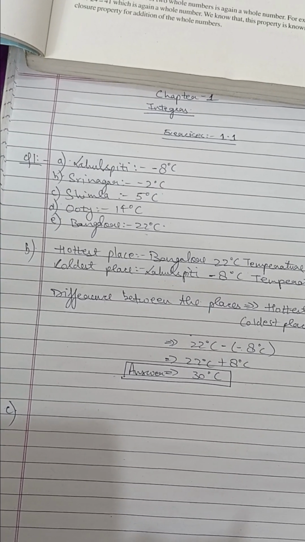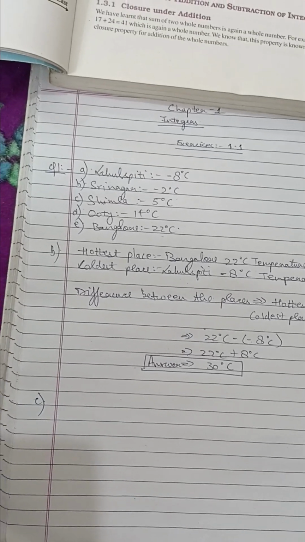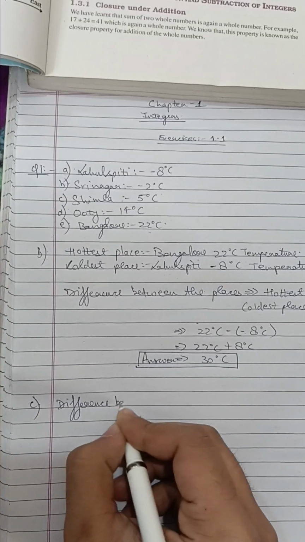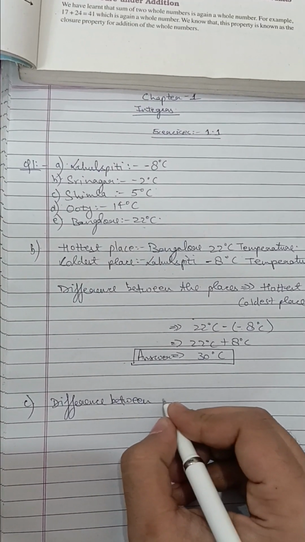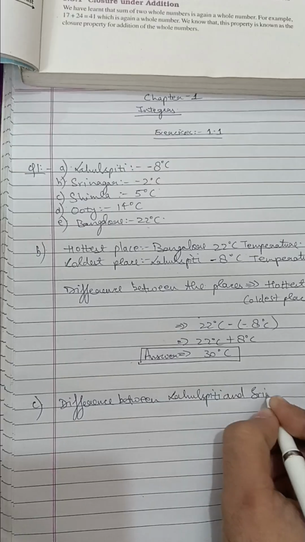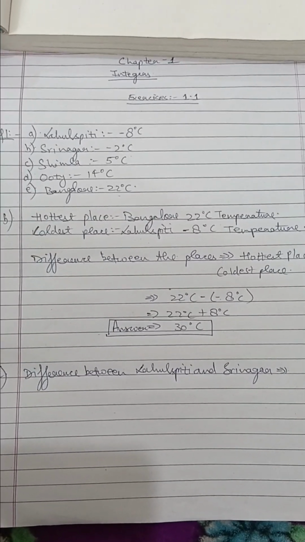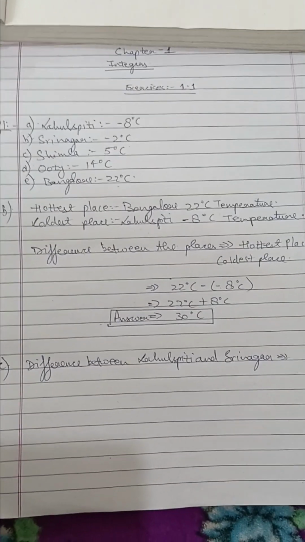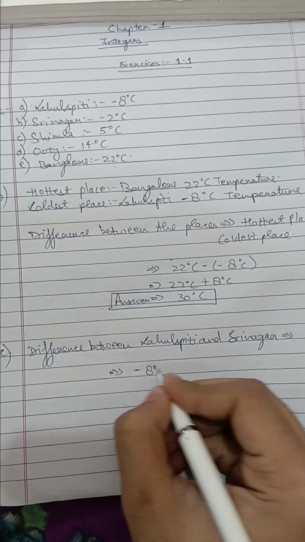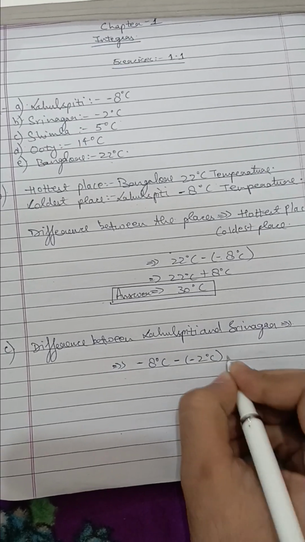The difference between Lahore Spiti and Srinagar is equal to: Lahore Spiti is minus 8 degrees Celsius, Srinagar is minus 2 degrees Celsius.